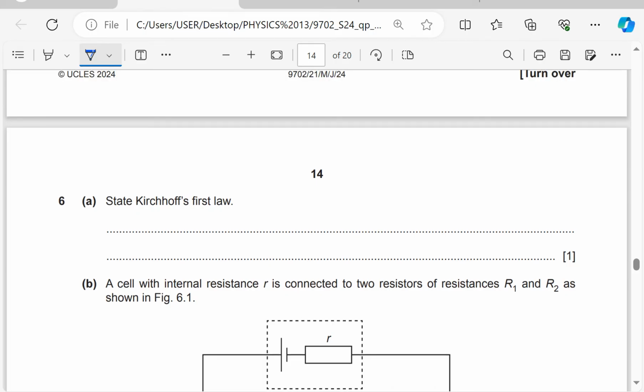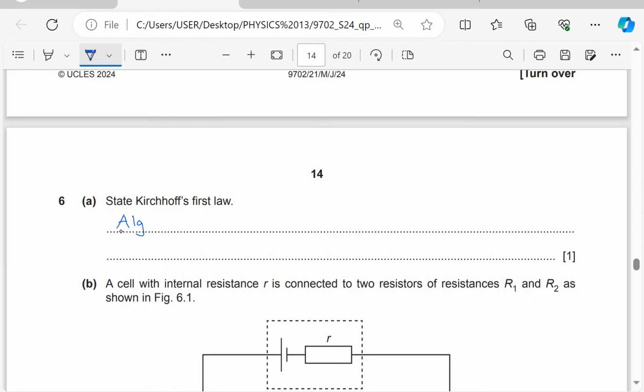Then state Kirchhoff's first law. Normally we state Kirchhoff's laws wrongly, but the simplest way to state the first law is that the algebraic sum of currents at a junction is 0. Also, as a teacher, discourage your students from starting answers by saying Kirchhoff's first law states that. That's a waste of time.